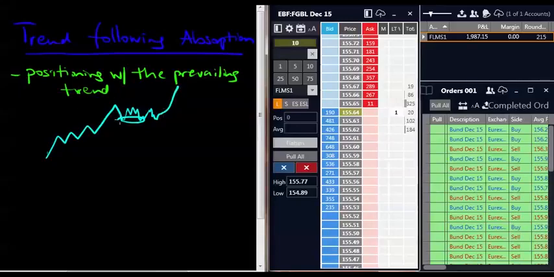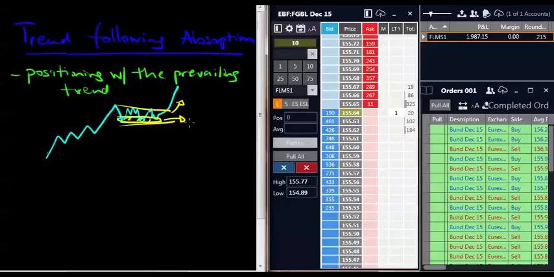So this area in here is where we're absorbing, and then effectively at some point we break this consolidation and continue. Using the price ladder is going to give you that absorption to actually identify the big buyer in the market when he's absorbing.